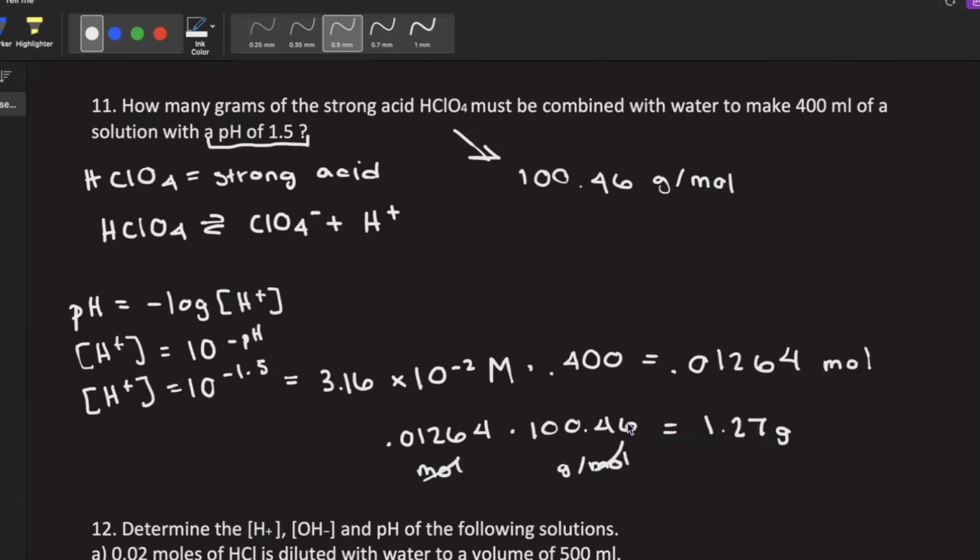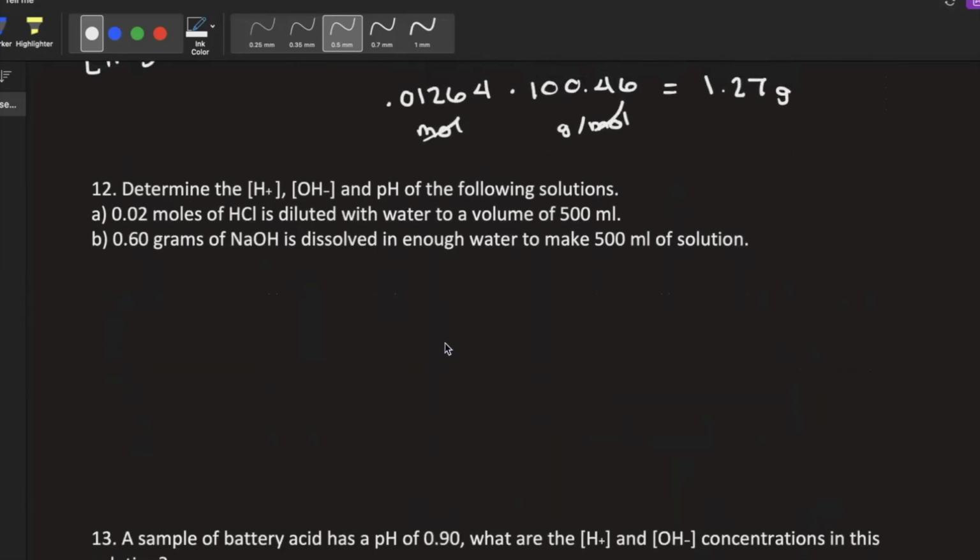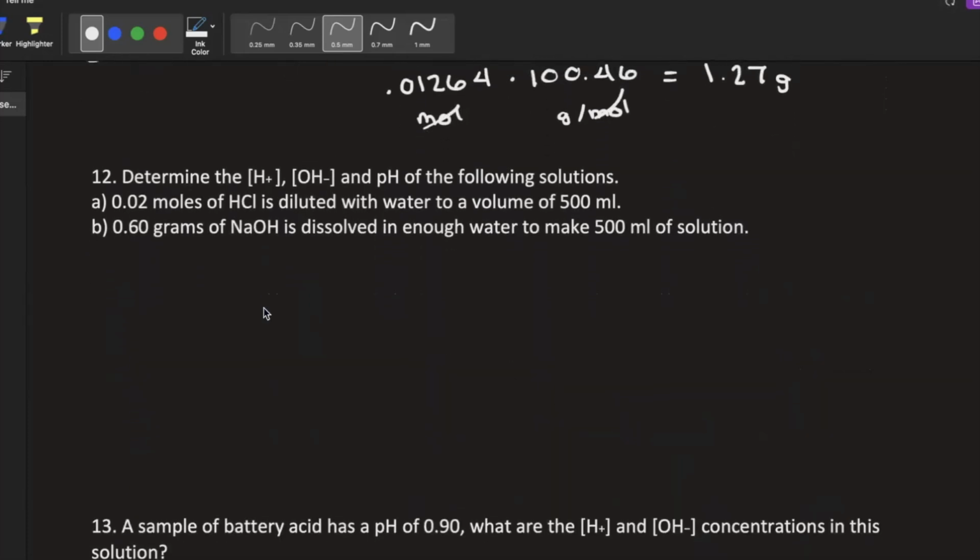Okay. Number 12. Determine the hydrogen ion concentration, the hydroxide ion concentration, and pH of the following solutions. A. 0.02 moles of HCl is diluted with water to a volume of 500 milliliters.